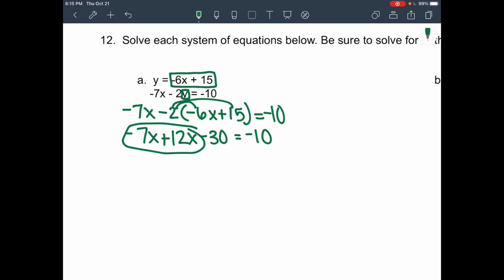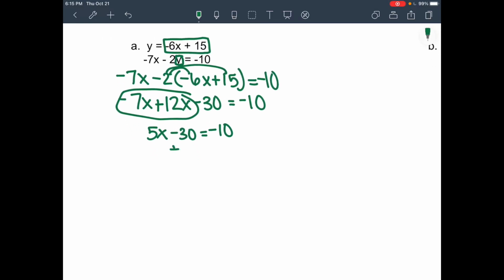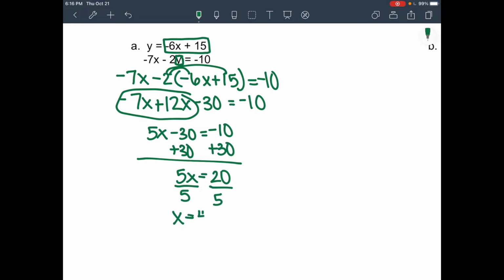So negative 7x plus 12x is going to be 5x minus 30 equals negative 10. So then the next step is to add 30 to both sides to get the numbers together. So 5x equals 20, and then divide both sides by 5. So x equals 4. Now, this is not your final answer, but you're pretty close.